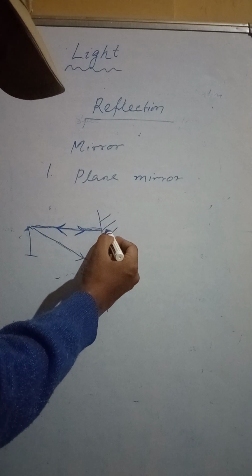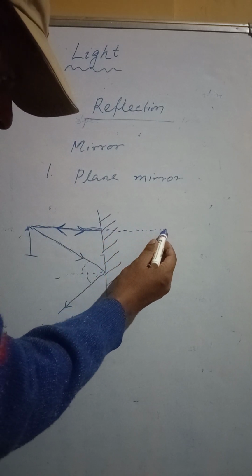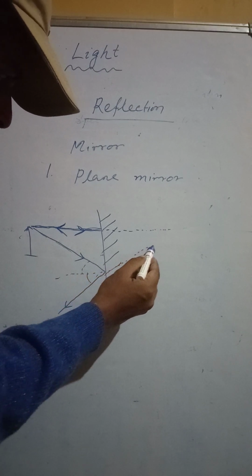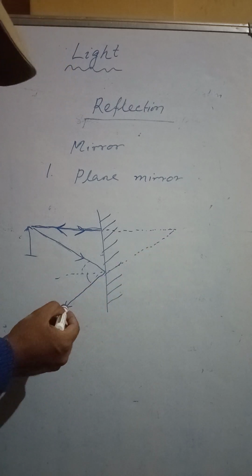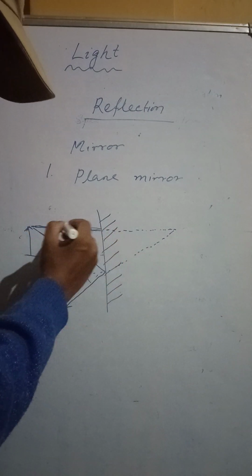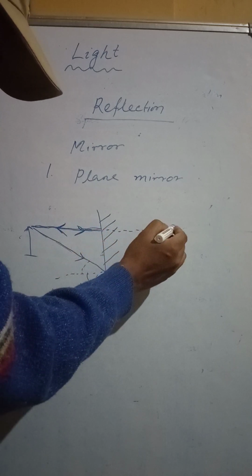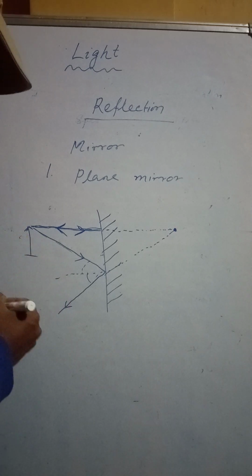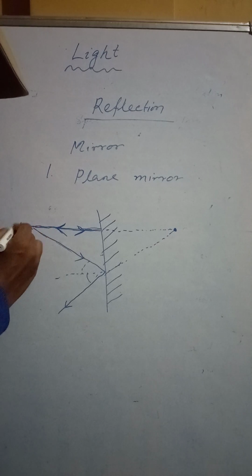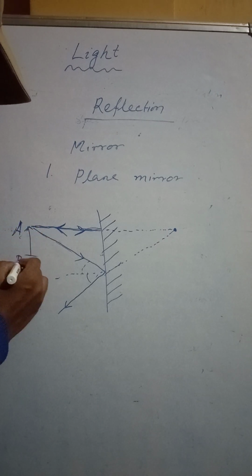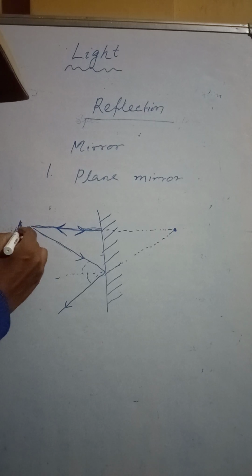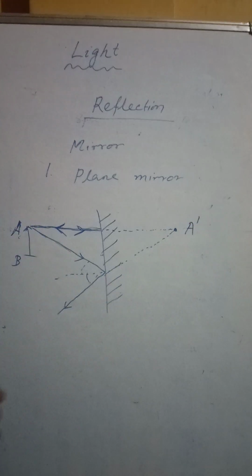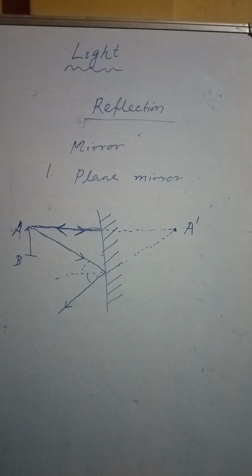So if I extend the back of these reflected rays, I get this point. Suppose this is the object AB. For point A, I get the image at point A dash, just behind the mirror.